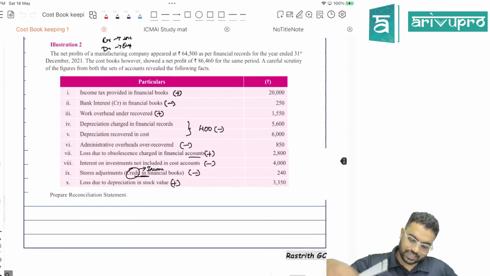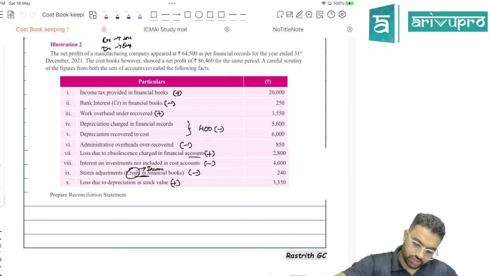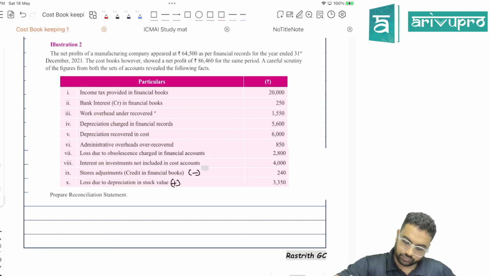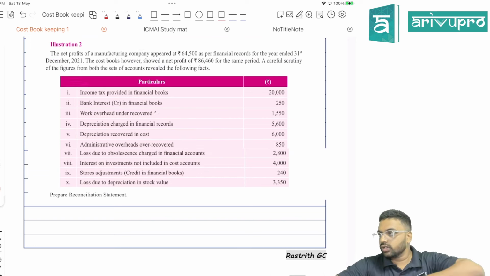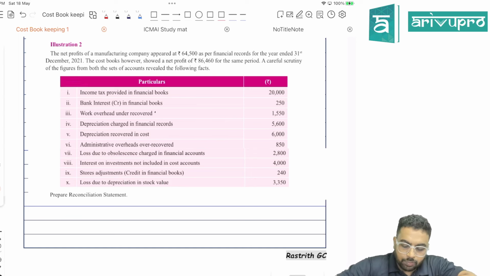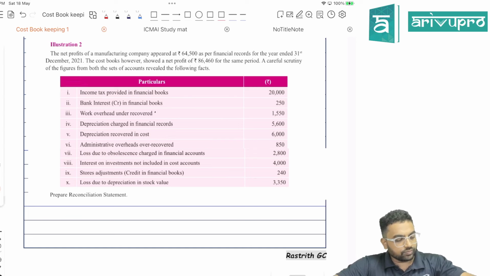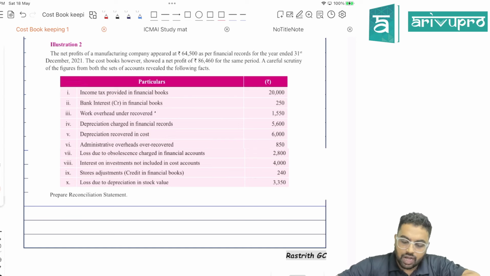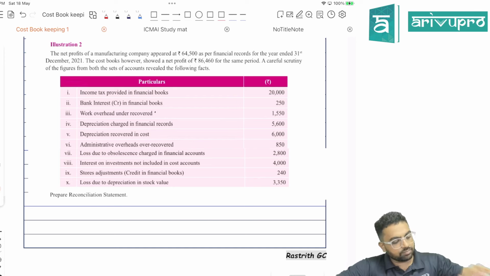Sure. We'll see illustrations now. What to do. The net profit of a manufacturing company appeared at 64,500 as per financial record as on 31st December.